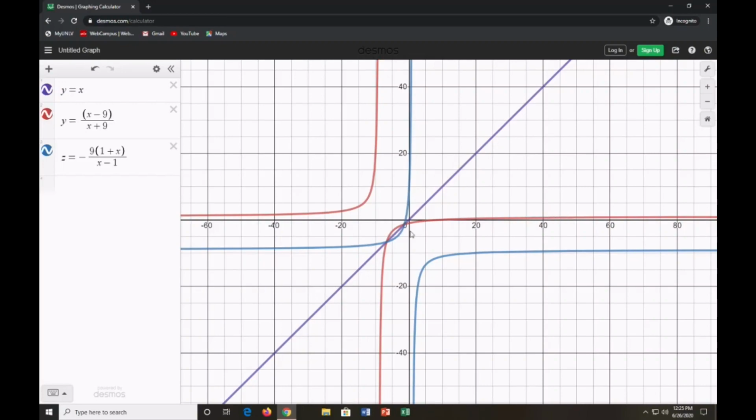And then take a look at these two, the red one and the blue one here in the middle. These two are also mirror images of each other across the y equals x line. Do you see it? Okay.